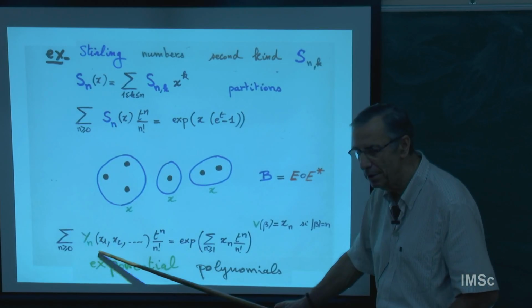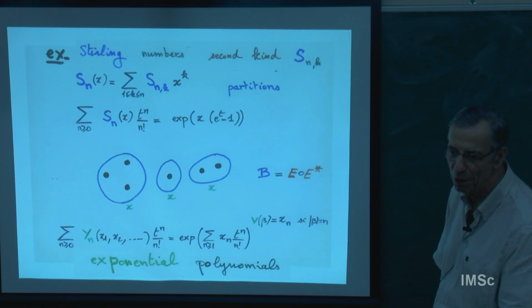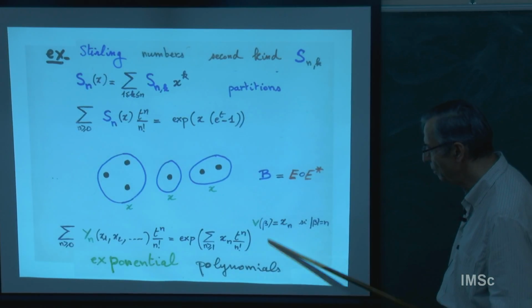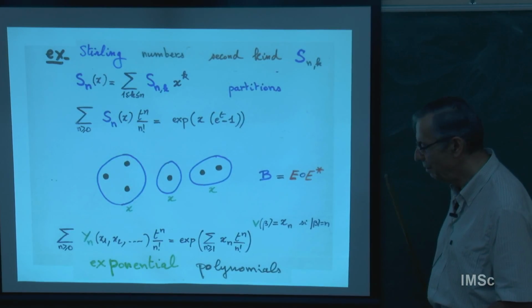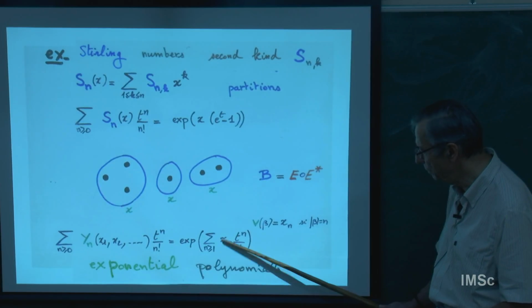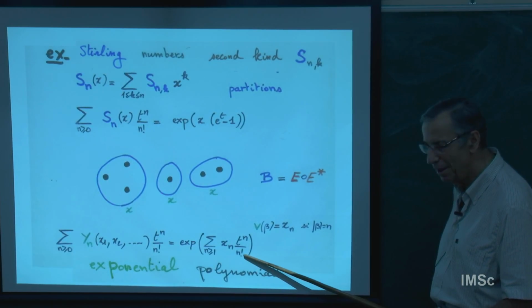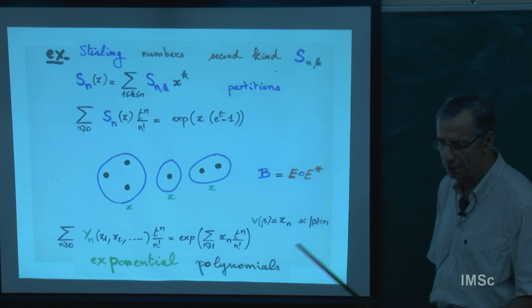It's a polynomial counting partitions by number of blocks with 1 point, number of blocks with 2 points, number of blocks with 3 points. You get immediately from the previous standard lemma on species that this is the exponential generating function. This is the generating function for a block of size n, this is all possible blocks of any size, and this is the assembly of such blocks.